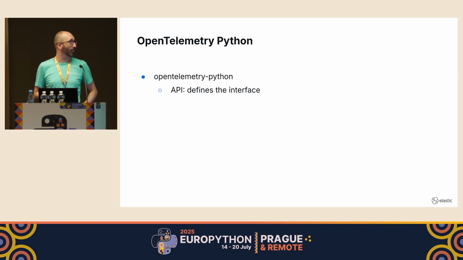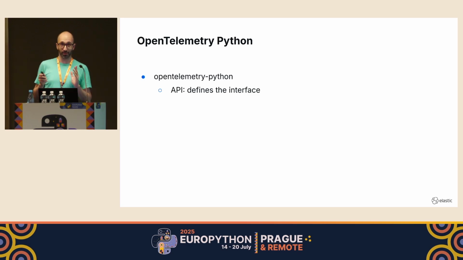Now let's look into Python-specific stuff. The OpenTelemetry Python project consists of two different repositories. The first one is called OpenTelemetry Python and contains a bunch of stuff.